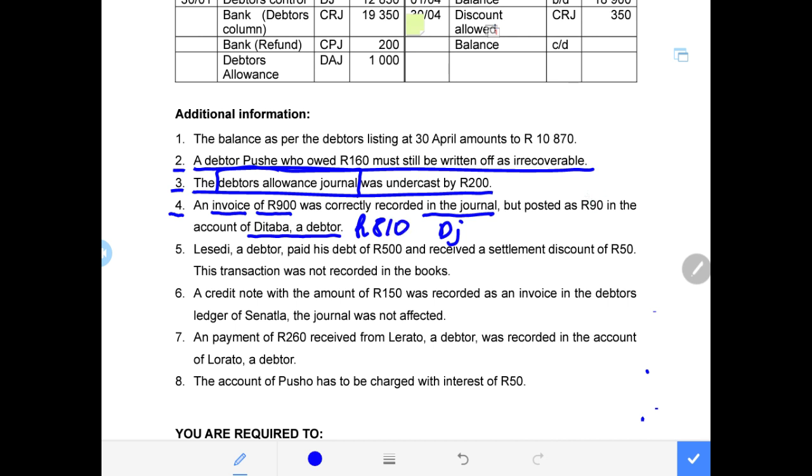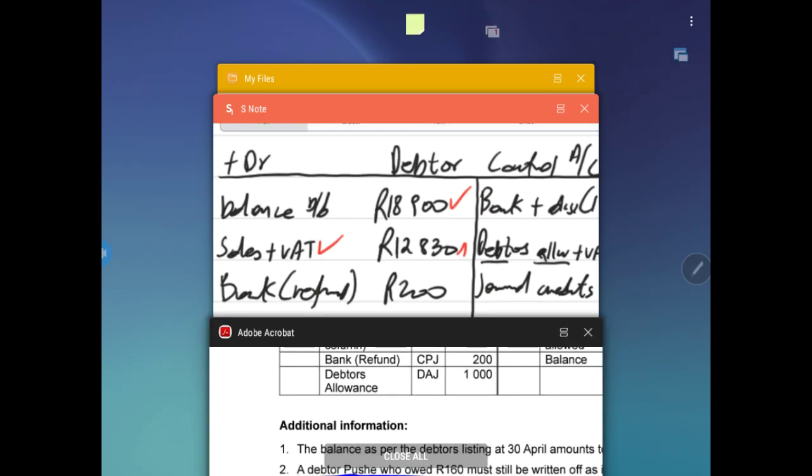We said Ditaba owes us 90 rand, yet Ditaba owes us the entire 900. It's supposed to be 900, but we increased his account by 90 rand. Therefore, now we need to increase the account of Ditaba by 810 rand. How to increase the account of a specific customer?